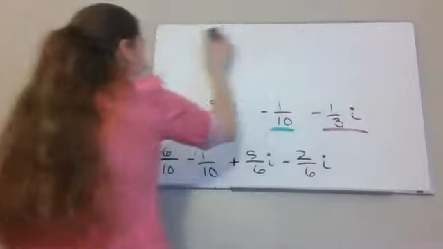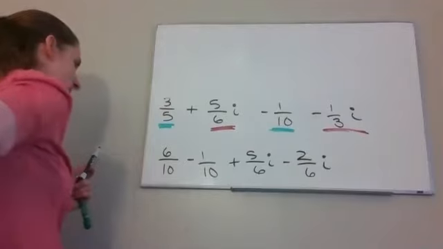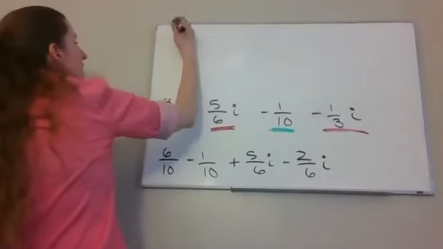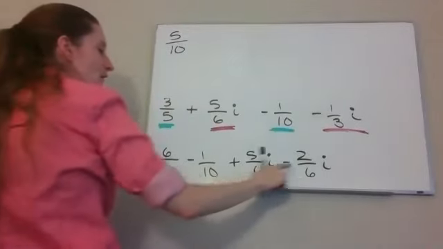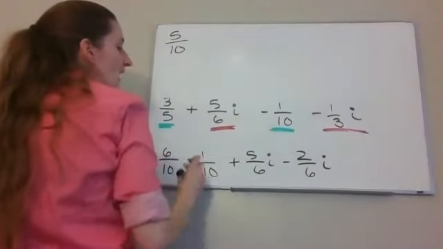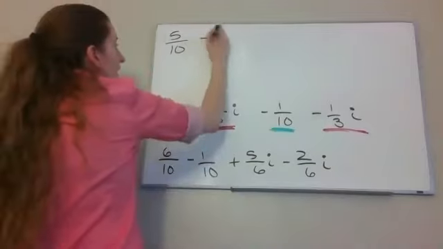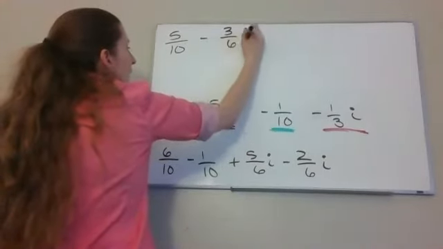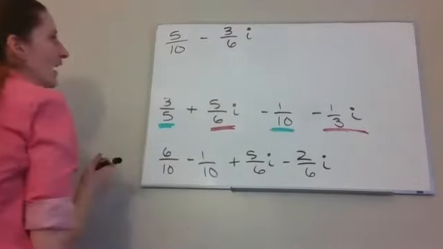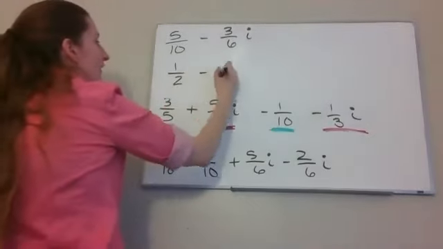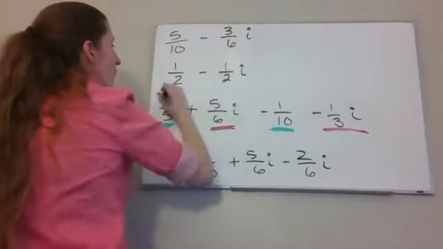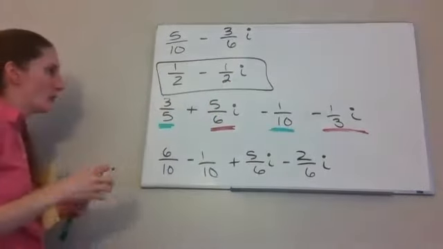That's 5/10. And 5/6 minus 2/6i, we're going to have a minus 3/6i. And then these fractions can simplify. 5/10 is 1/2, and 3/6 is also 1/2. So I get 1/2 minus 1/2i.